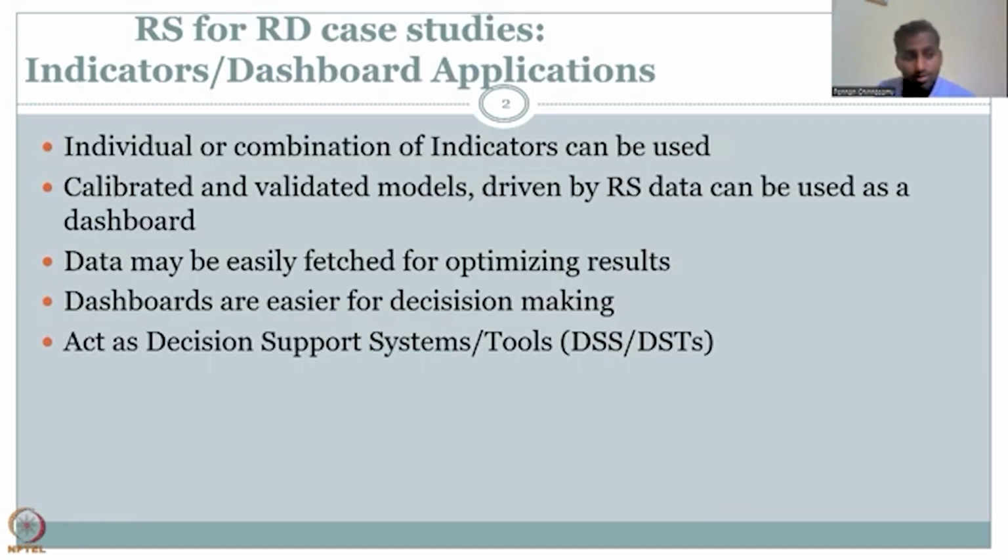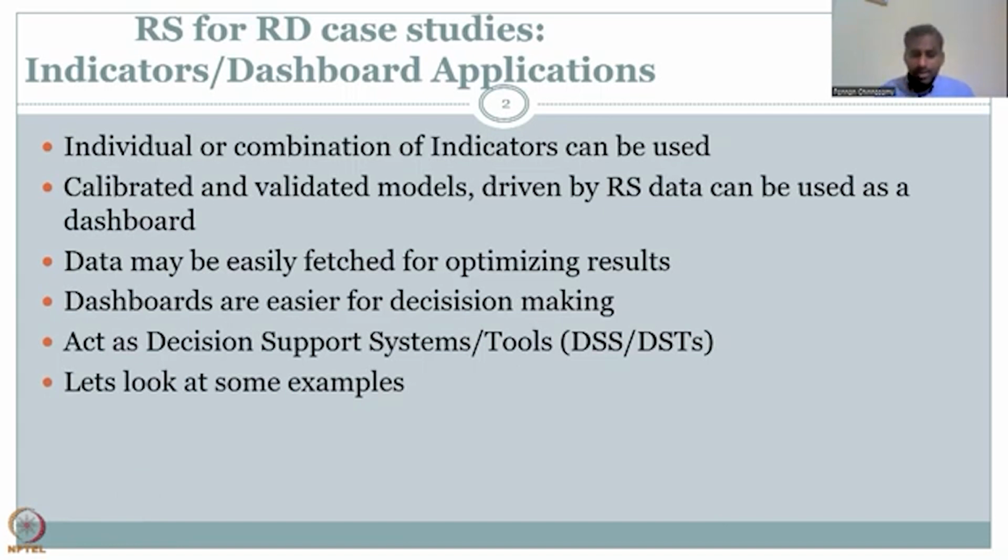These are very important because, as I said, the policymakers may not be learning all these techniques and what remote sensing is, but definitely they'll know what it means on the ground. So by clicking different buttons and figures, you will be able to get that support through the dashboard.